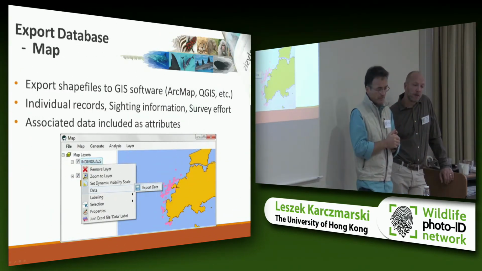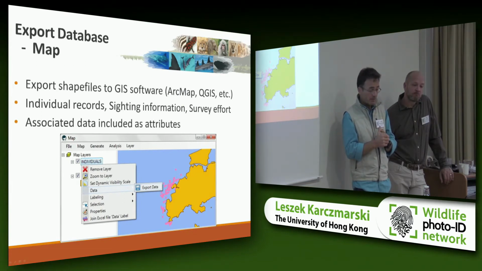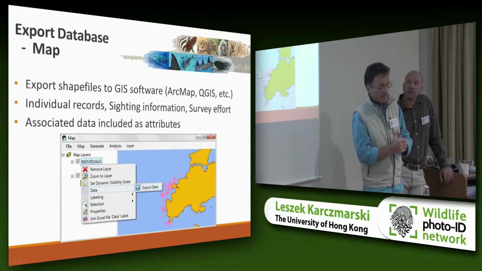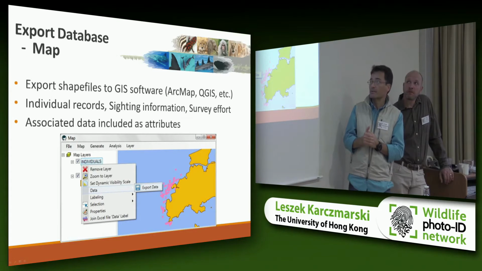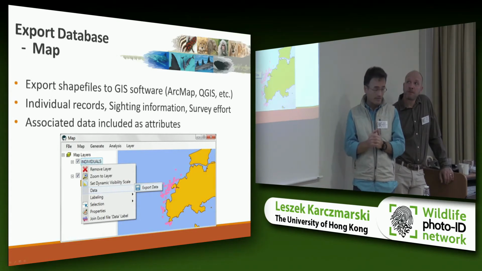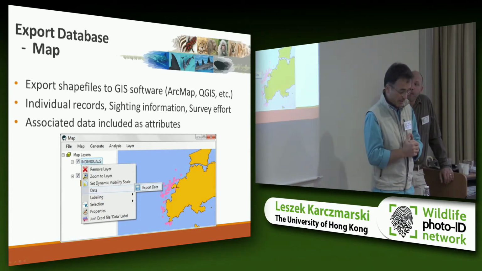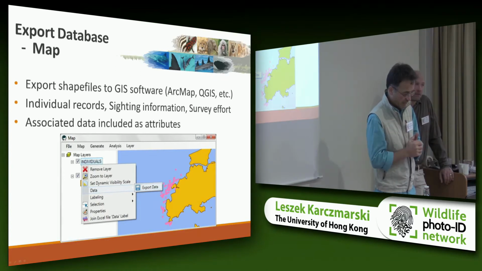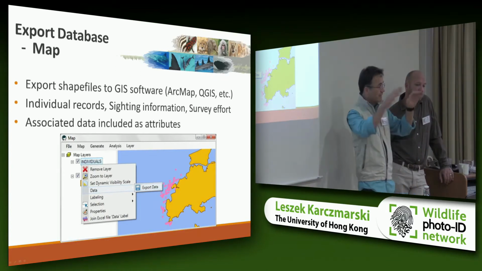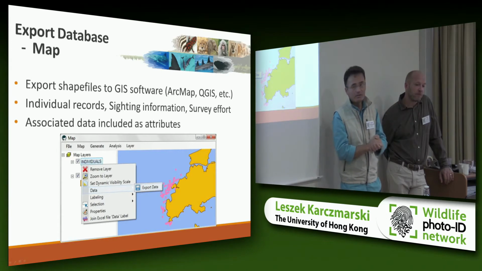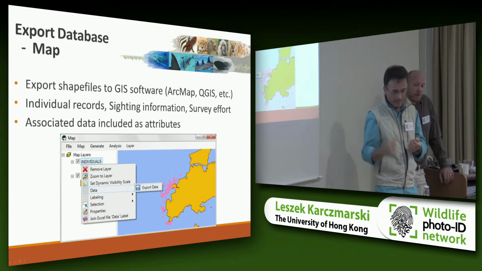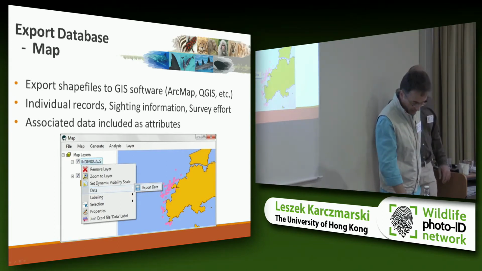We also generate export files for GIS software such as MarkMap or Quantum GIS, or pretty much any GIS software out there, with the sighting information in the individual records, with all the associated data that has already been included in Discovery or entered at the first place.